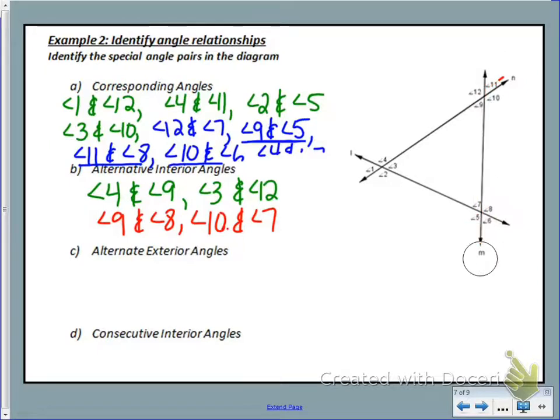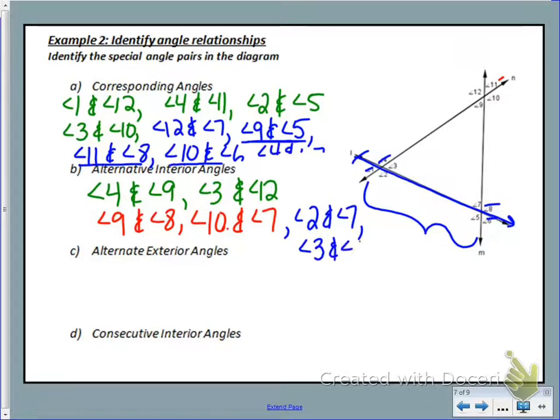Last possible transversal is this one towards the bottom, line L. Again, these outside angles don't work. We only want the angles interior or in between those two lines. So angle 2 alternates with angle 7 and angle 3 with angle 5. That's it for the alternate interior angles.